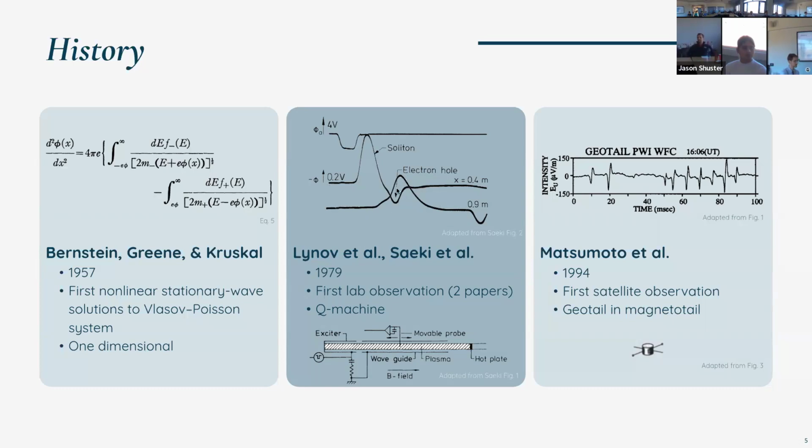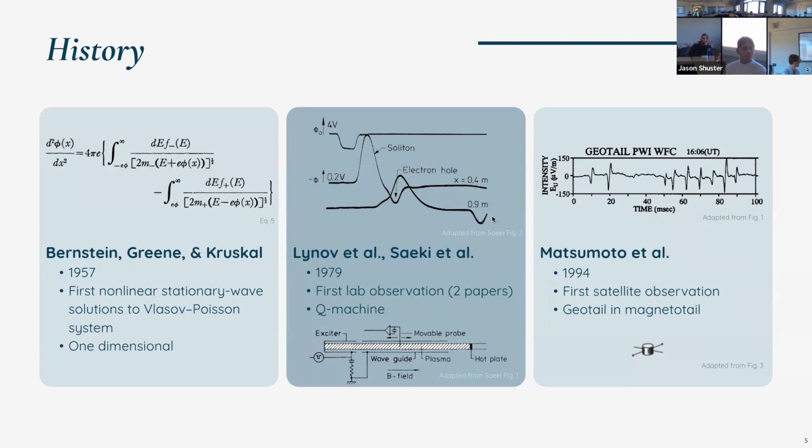So now we have still a soliton that has moved, and then the hole is way over here now, so it moved even further, so it's going faster. The one thing I want to point out here is the soliton has been damped, right? So the height that it started with is shorter now. The hole, however, has not been damped. And that's actually a key characteristic of BGK modes, that they aren't damped.